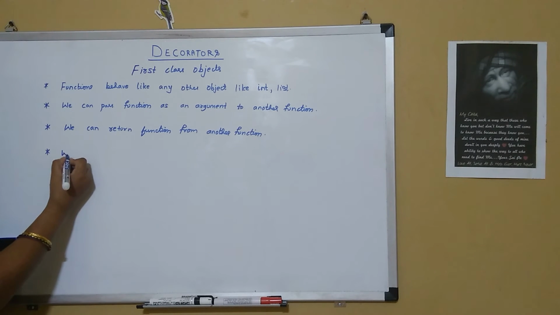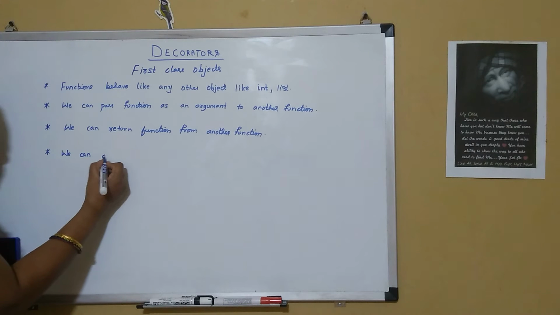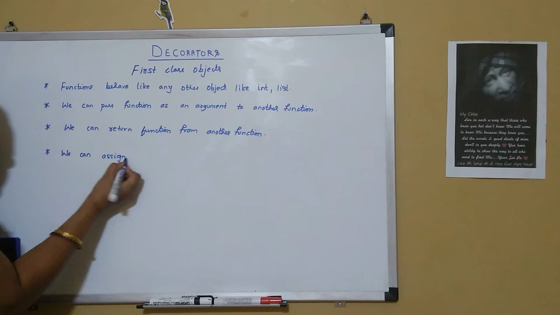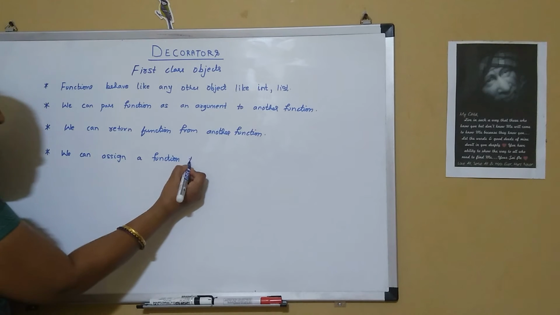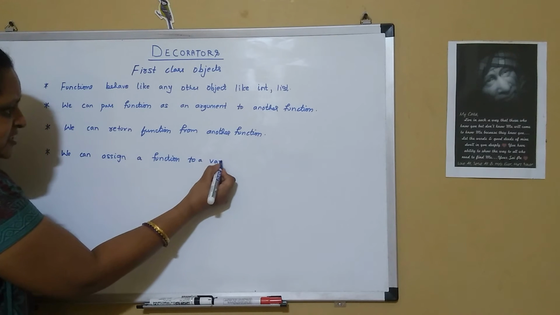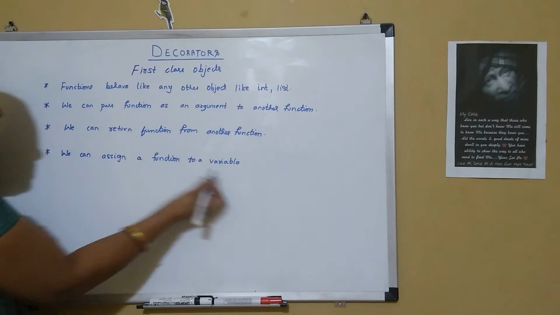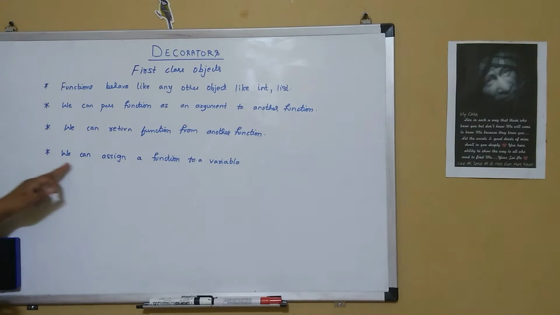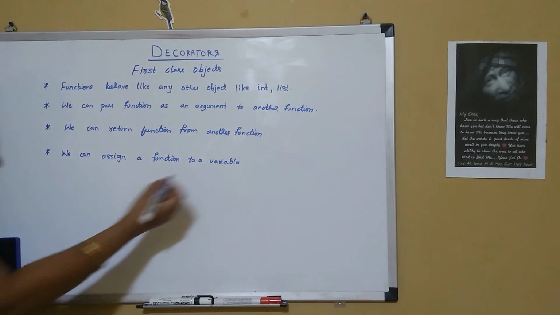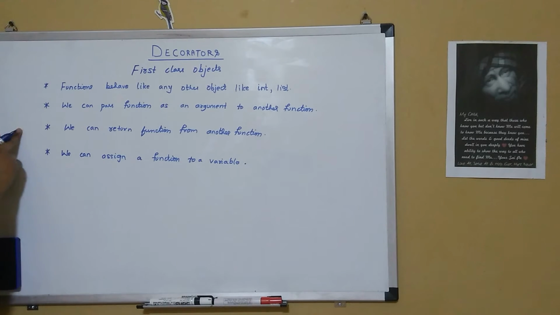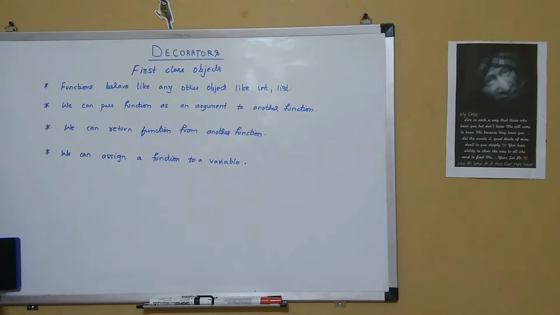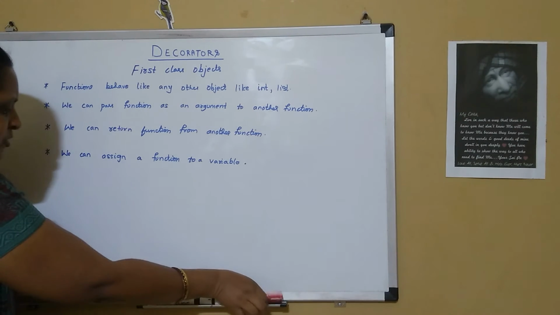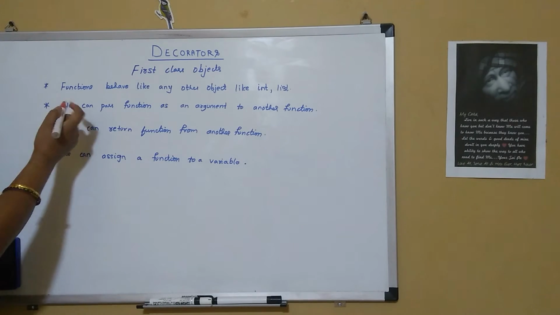And fourthly, we can assign a function to a variable, just as we do for an integer or list. Since functions satisfy all these criteria, we can say that functions are first class objects in Python. So friends, to go in depth, functions behave like any other object.